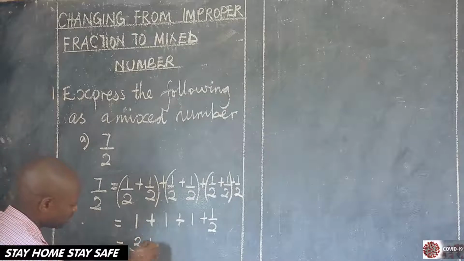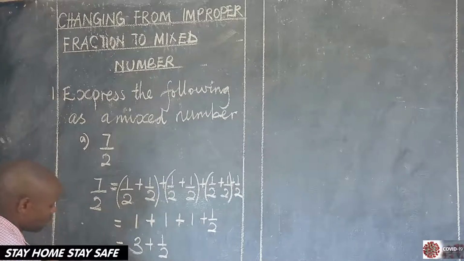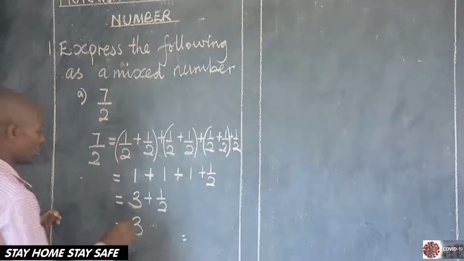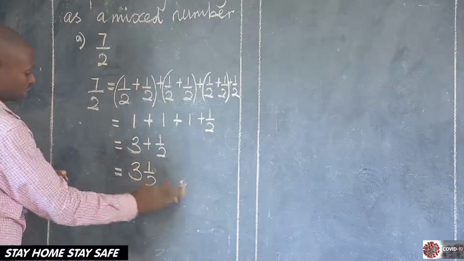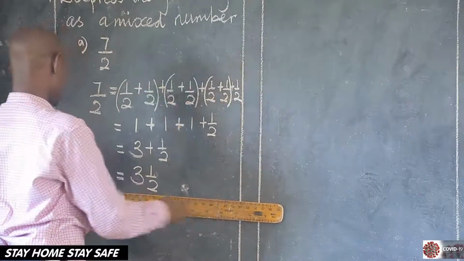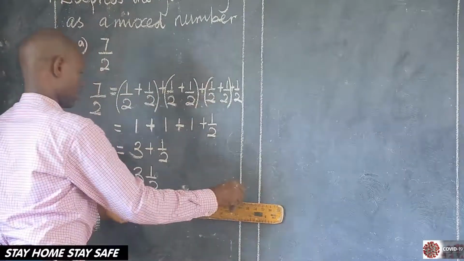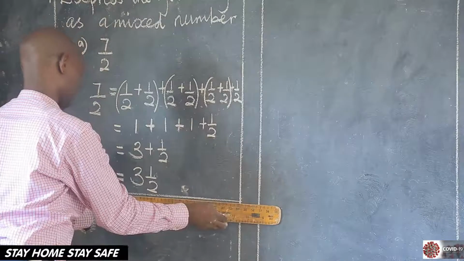Then we add on a half. And this one is going to give you 3 wholes and a half. Have you seen? And this one will be our mixed number for the improper fraction which I have given you there.